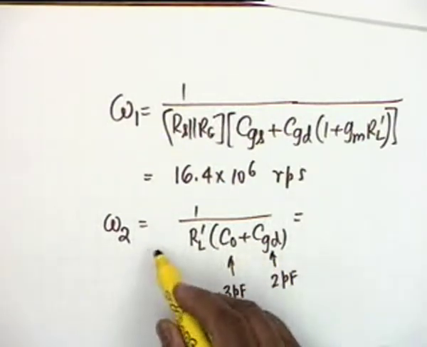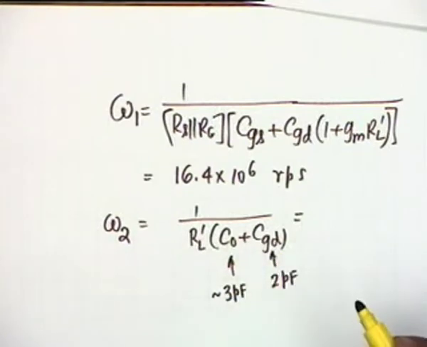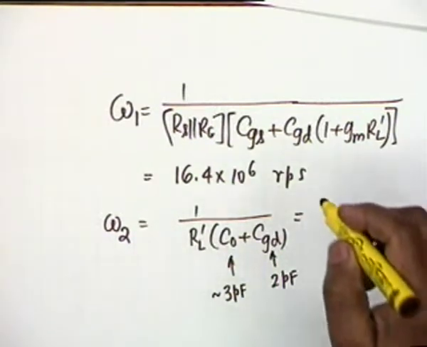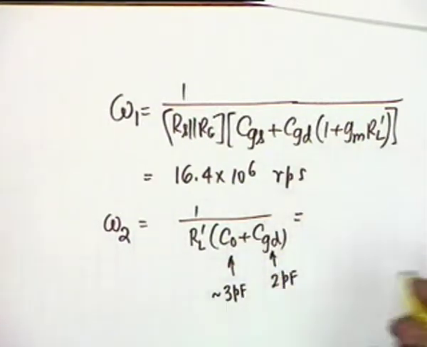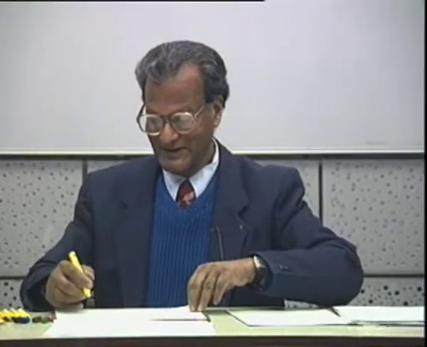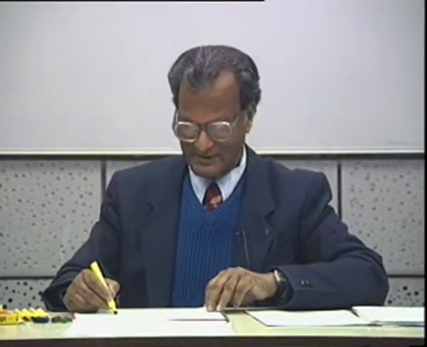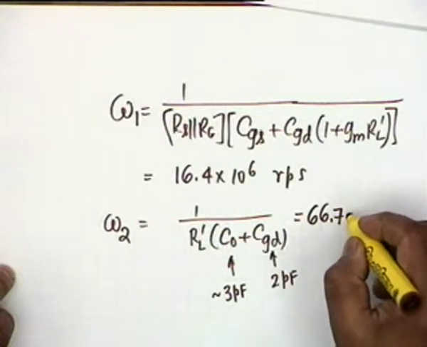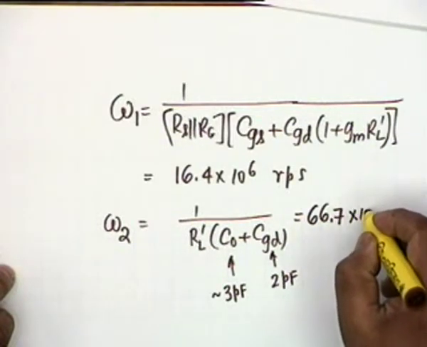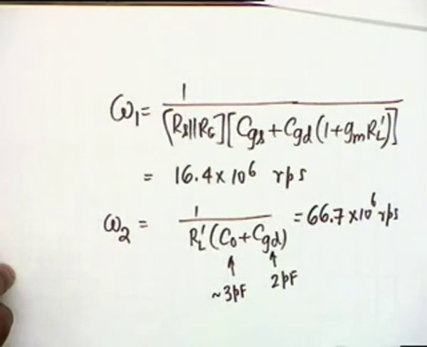So even if C0 plus CGD is 5 pF, then this calculates out to 66.7 multiplied by 10 to the 6 radians per second.